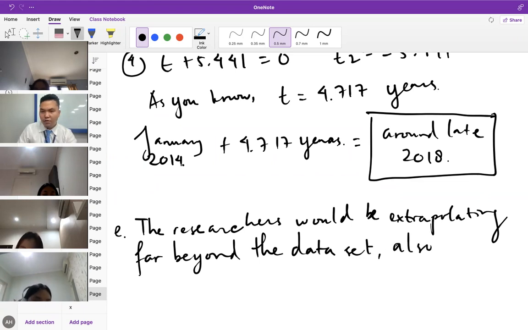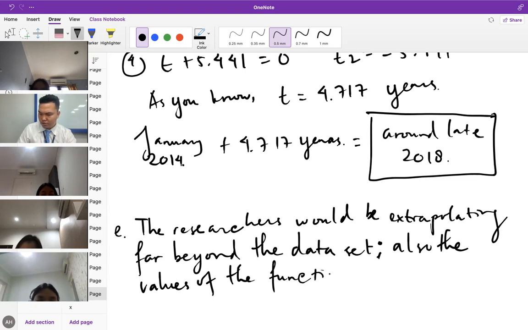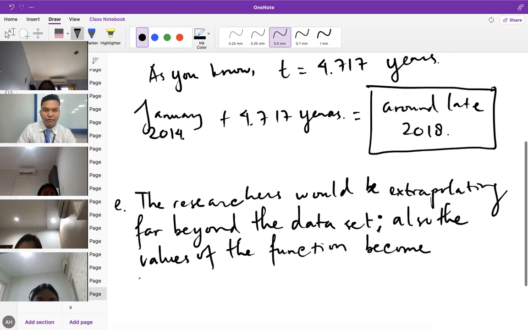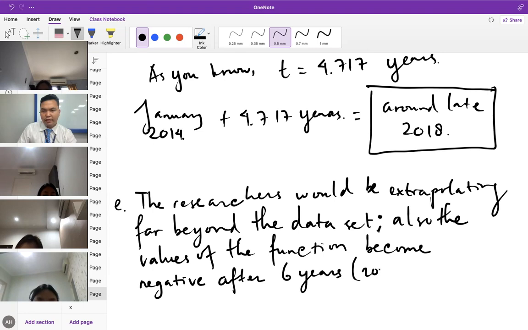Also, the values of the function become negative after 6 years, or basically when 2020. So that's how you put the reasoning for 5E.